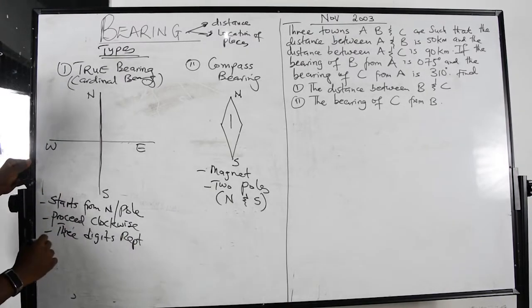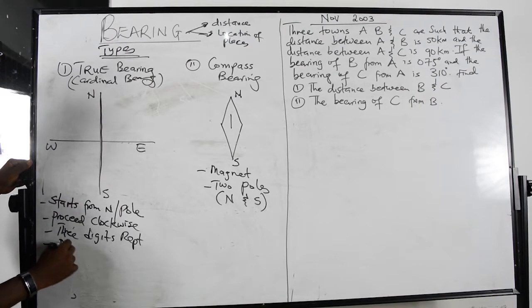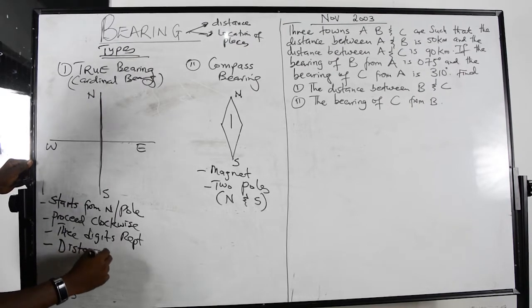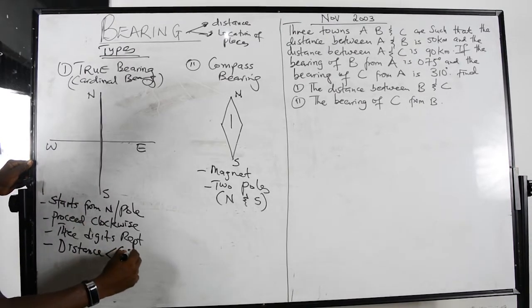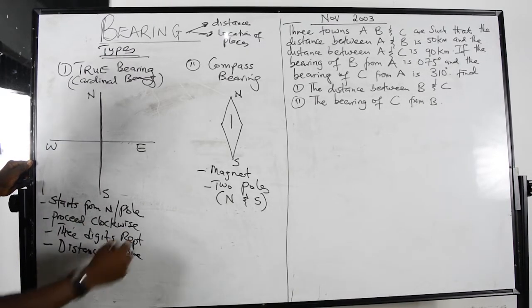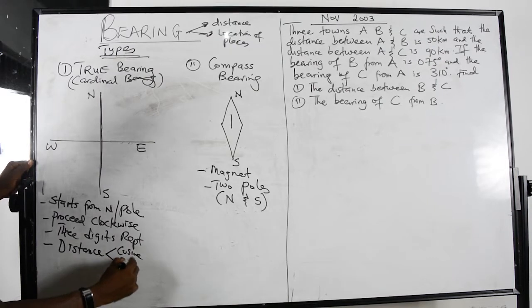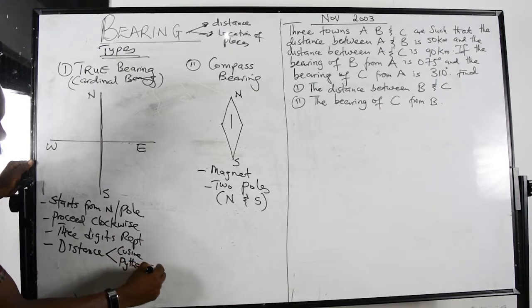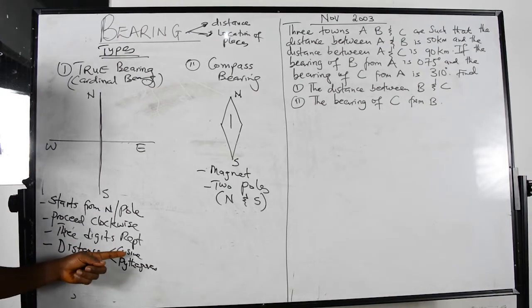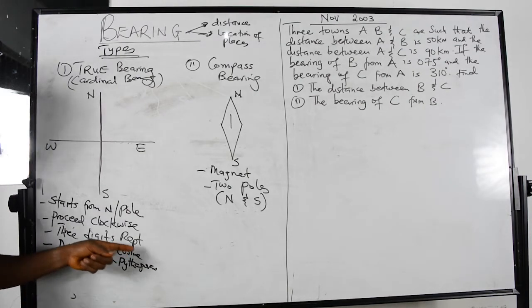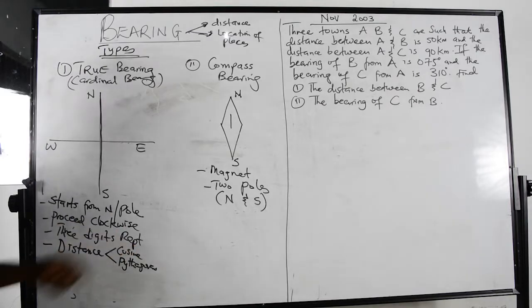Watch out for the key point. When we want to find the distance between places, we will use the cosine, and even the sine. We can also use Pythagoras theorem. So when we are asked to find the distance between places, you can use basically the cosine formula, and also the sine rule to some extent.